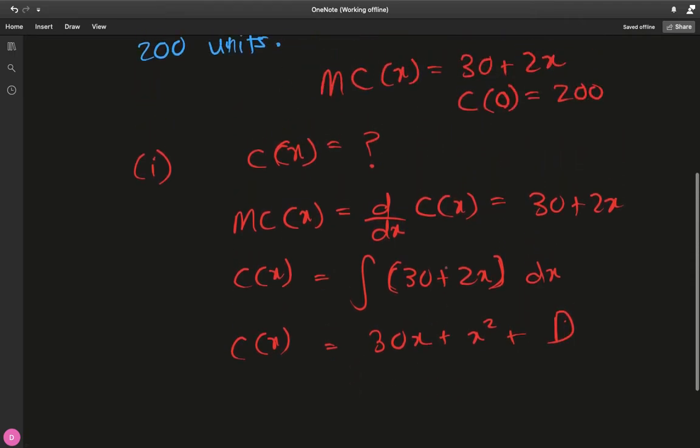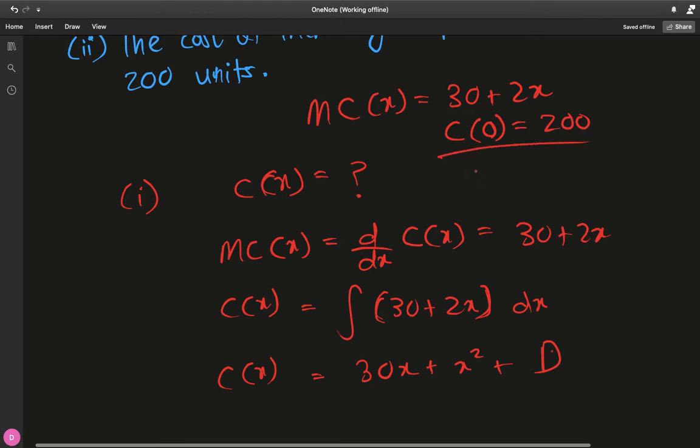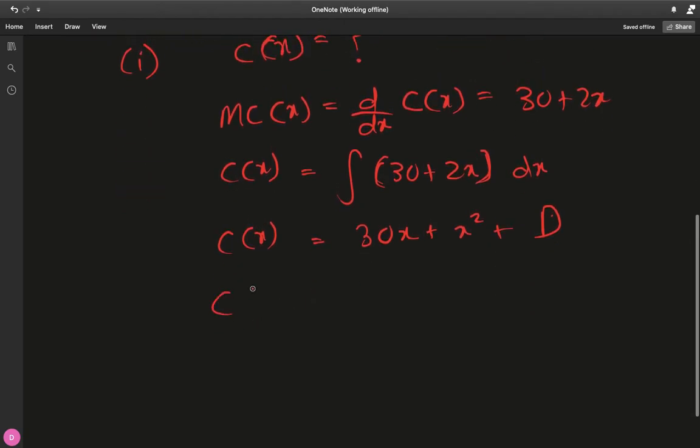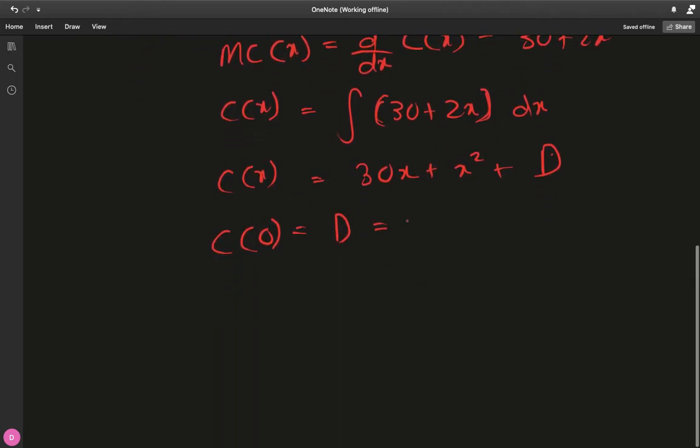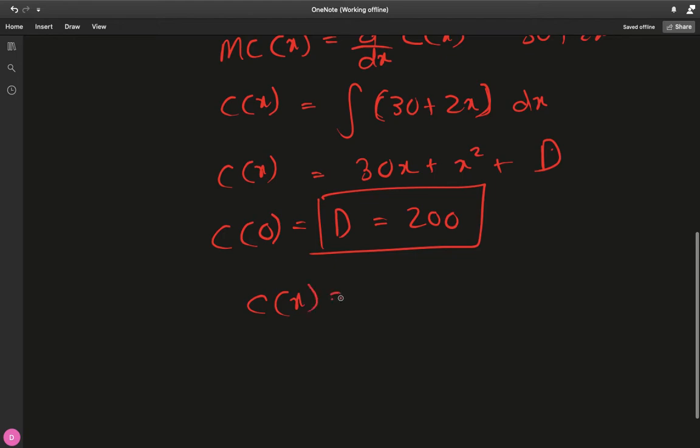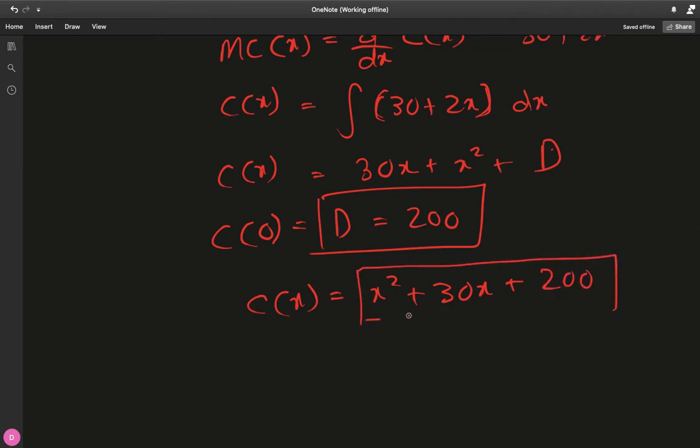And this is where we use this initial data of c of 0 being equal to 200. So if you say c of 0, all the x terms will go to 0. We just have d, and that we know is 200. So d is 200. And when you plug that into the total cost function, you have x squared plus 30x plus 200, and that's the required total cost in part 1.